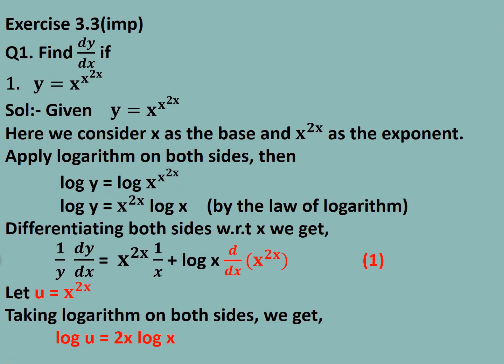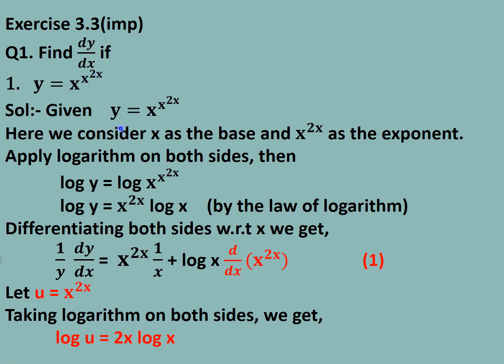Now we will solve the sums of exercise 3.3. That is the sums on logarithmic differentiation, and everything in this part is very important, even the solved example also. Question number 1. Find dy by dx if y is equal to, first one the function is x raised to 2x.